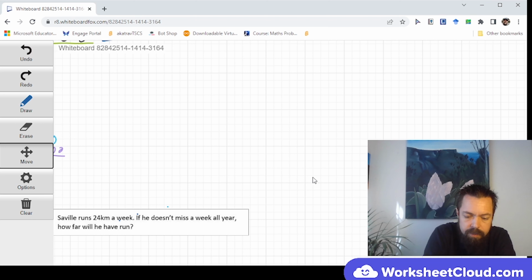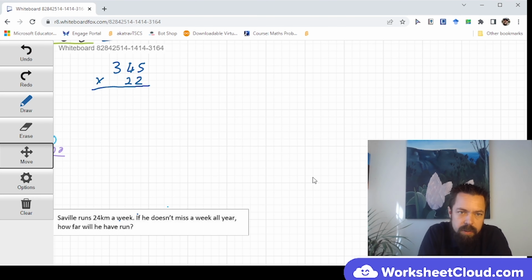Let's say we had 345 multiplied by 22. The reason I'm picking this one is because 22 is a repeated character. So I'm going to now lay it out. 2 times 5 is 10.